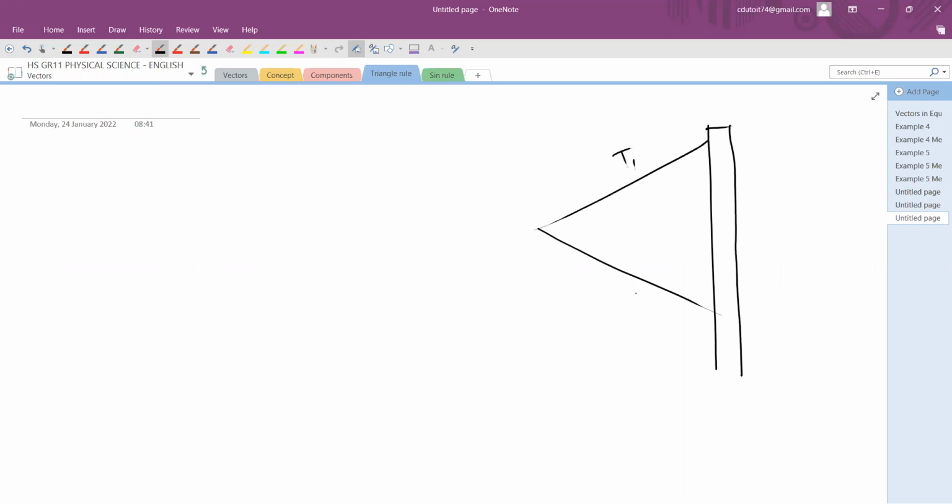Tension in rope 1, tension in rope 2. And then someone's pulling there with a force of 300 newtons. This angle here is 70 degrees, and this angle here is 40 degrees. I want to know what is the tension in rope 1.